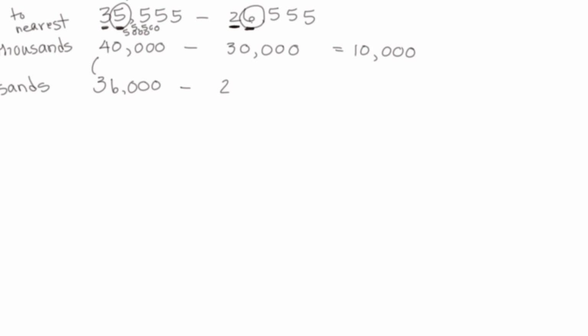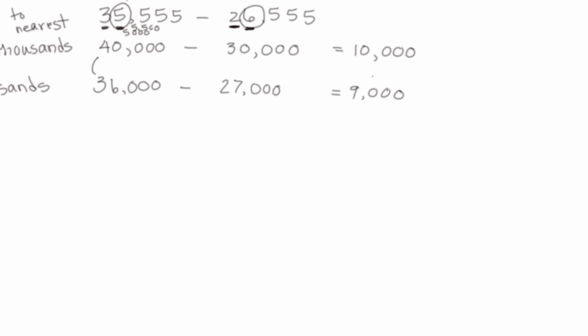So we have 6,000s. The next highest would be 7,000. Since it's 6,555, that would be a little bit closer to 7,000. So our estimate would be 27,000. So we have 36,000 minus 27,000, which would give us an estimated difference of 9,000.